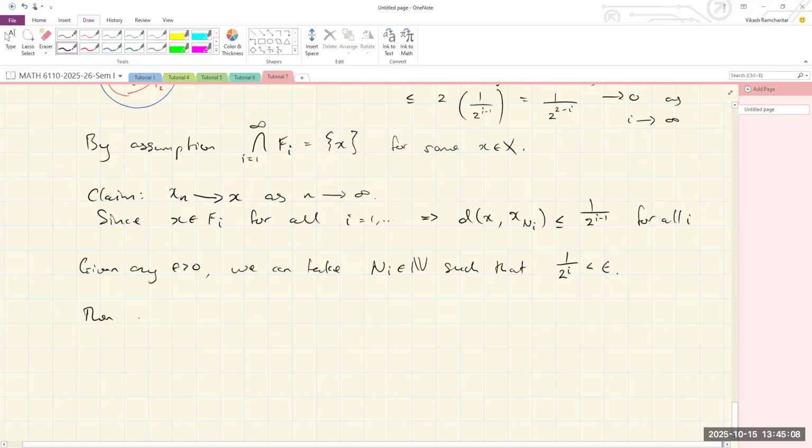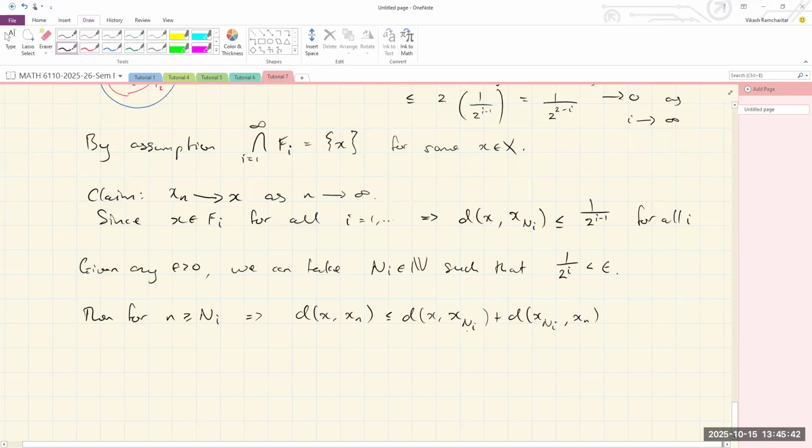Then what happens if I take n bigger than or equal to this n_i? Well, using the triangle inequality, the distance between x and x_n is less than or equal to the distance between x and x_{n_i} plus the distance between x_{n_i} and x_n.